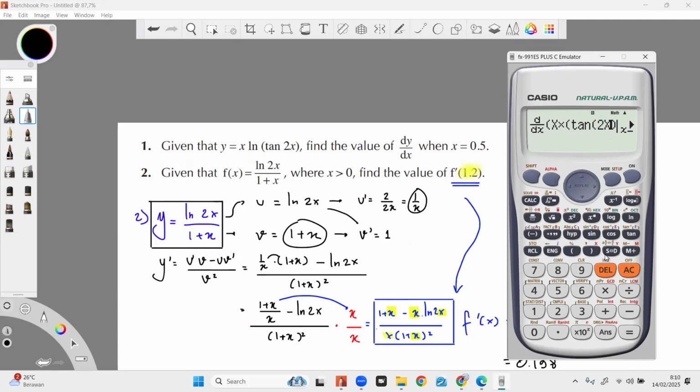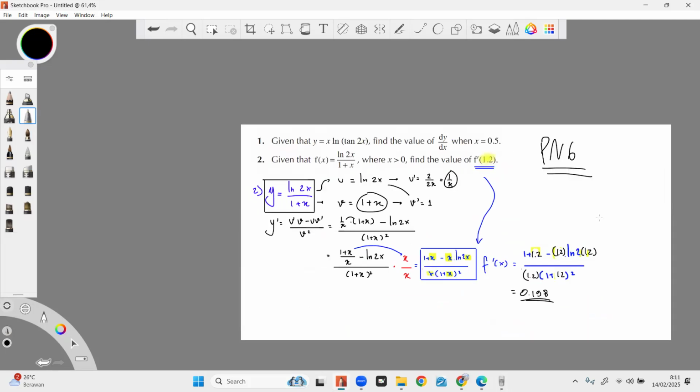Close the bracket for ln, ln tan 2x, close. The x is 0.5. No, cannot. Okay, manual. Let's do it manually. One more, guys. Okay, let's check.